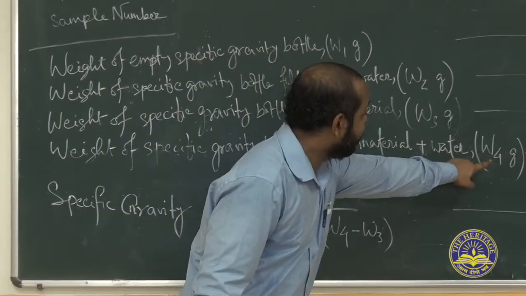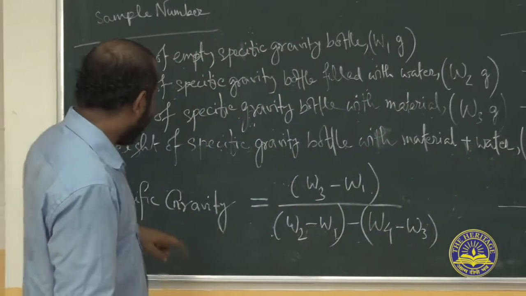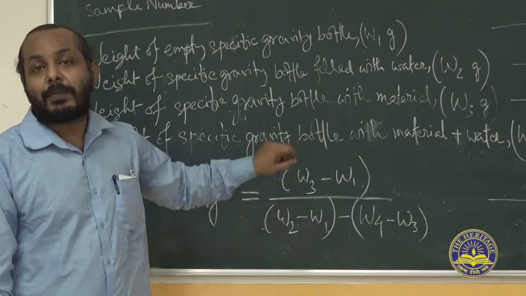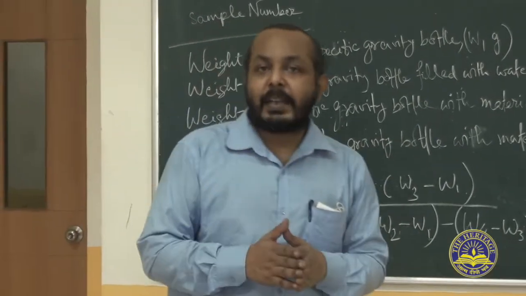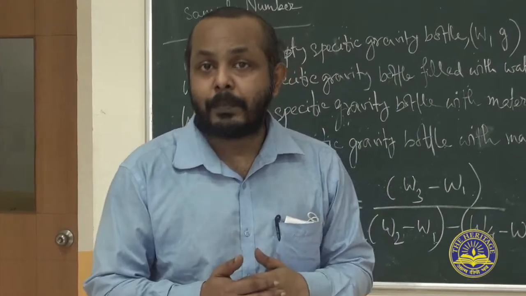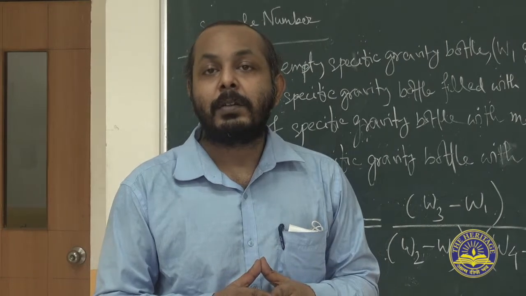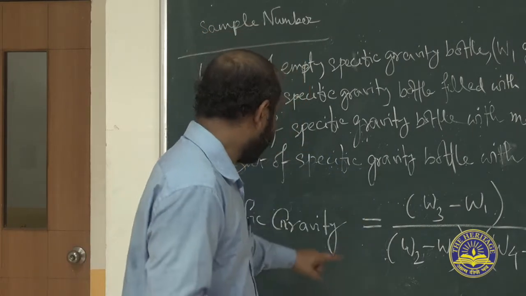That is W4. Now the specific gravity is the weight of the material of a given volume divided by the weight of the water of the same volume.